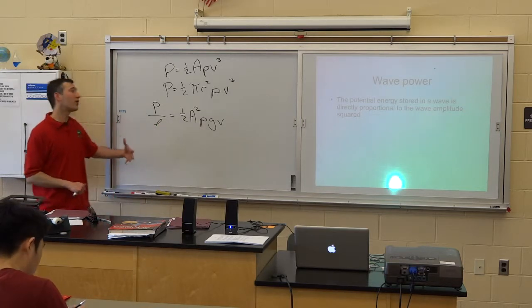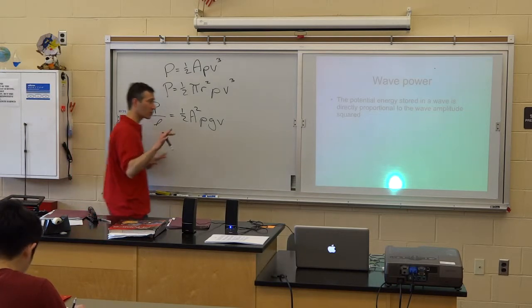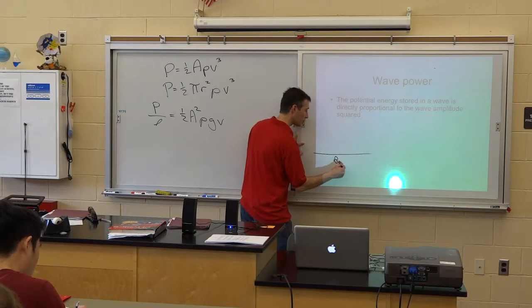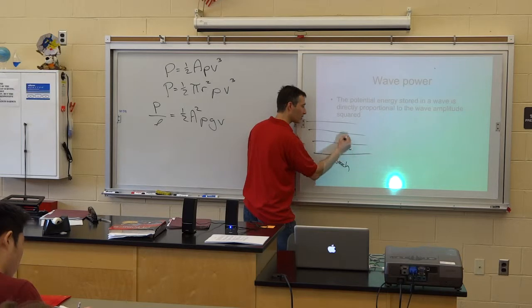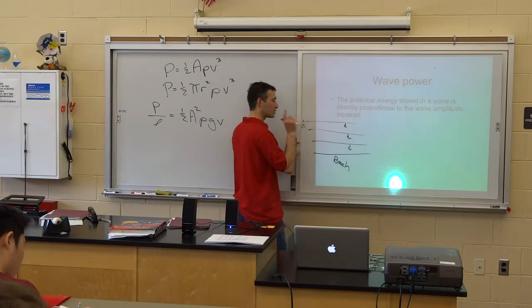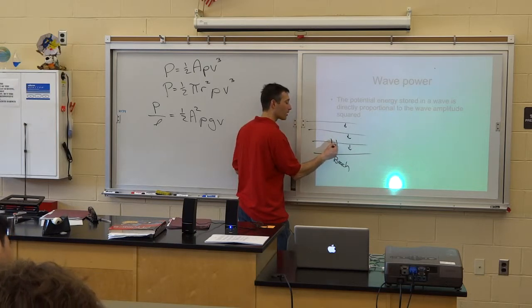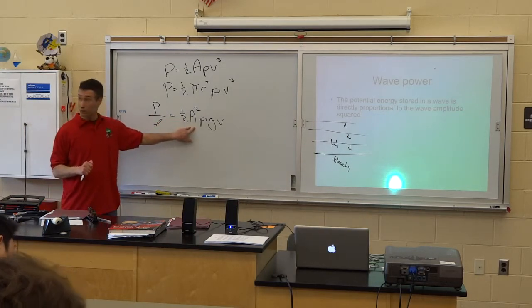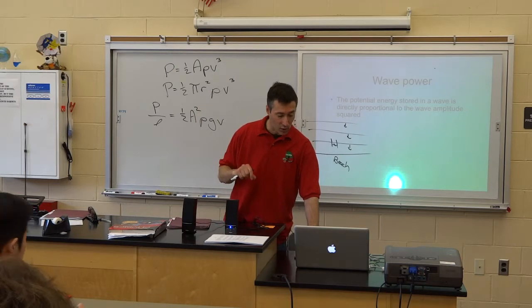So the most important factor is in the power per unit length. When we talk about ocean waves, if here's our beach, we have waves that run parallel to the beach. So this is not the total power that a wave can deliver, it's the power per meter that we can get out of a wave. So we have amplitude squared, that's the most important factor, how high above regular ocean level the water can get.